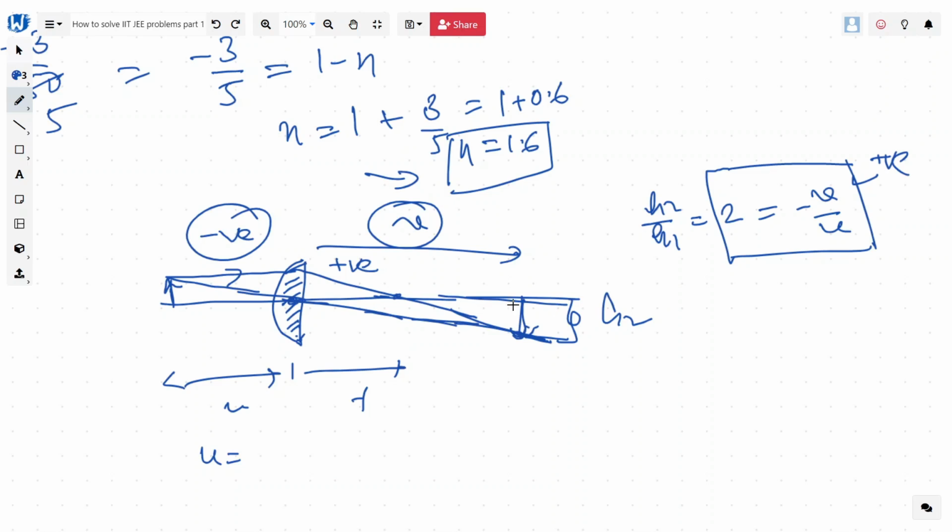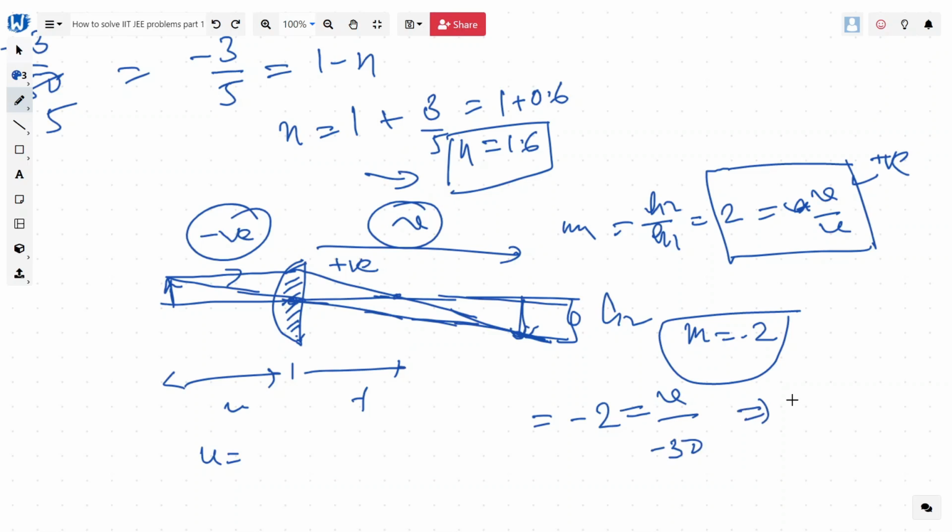Because it is inverted, the magnification is going to be -2. Okay, so -2 is going to be equal to V by U, and U is negative here, -30. So V is going to be the multiplication of that, and it is going to be positive, 60 as expected. We know that the V is going to be on this side and this is positive, right? So it is going to be 60 centimeter from this side.